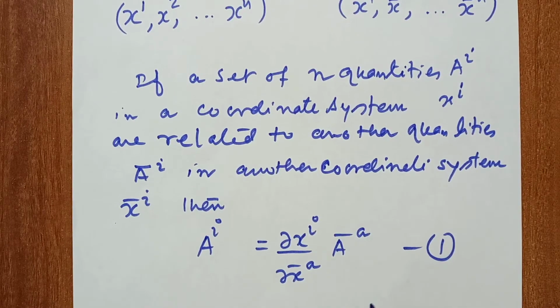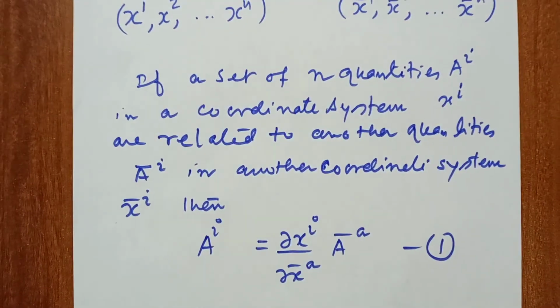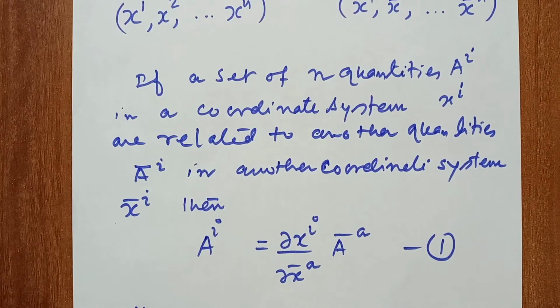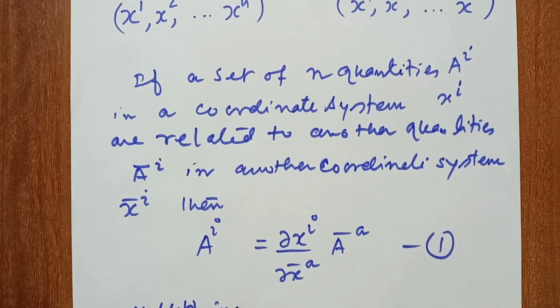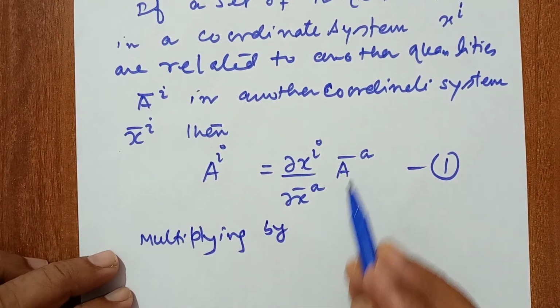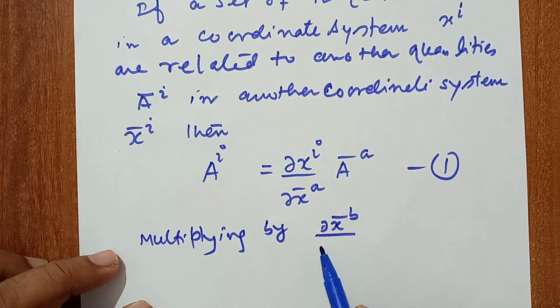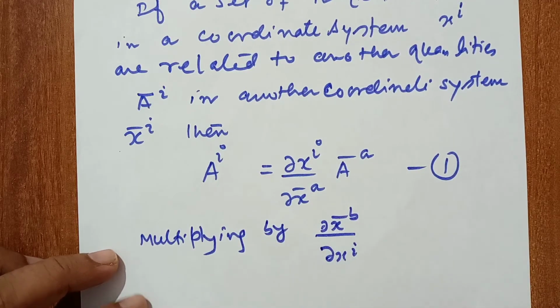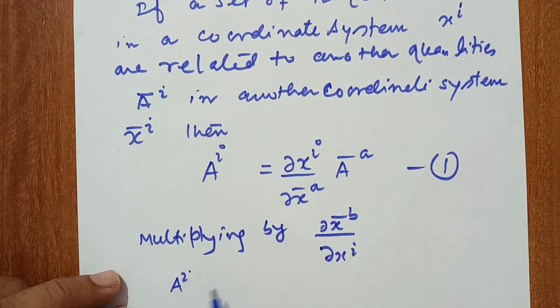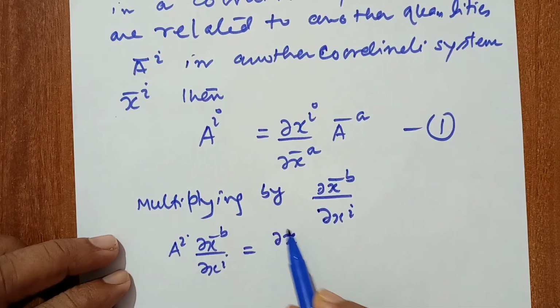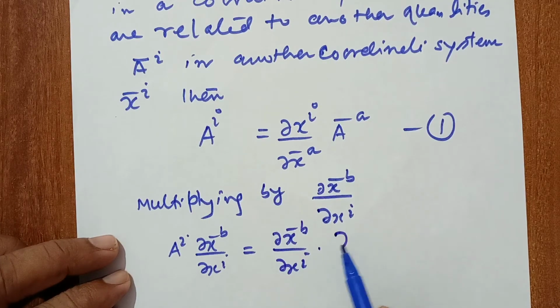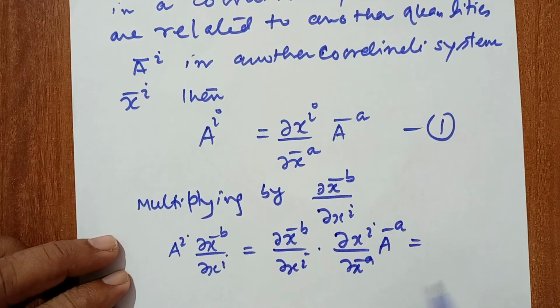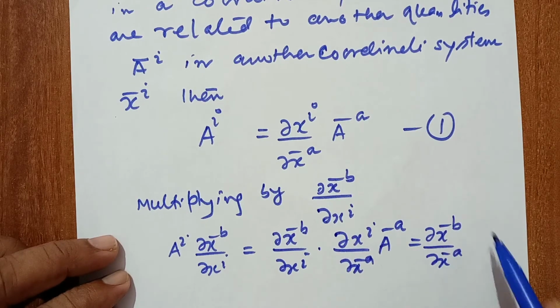If I want to transform from Vn bar to Vn, multiplying by ∂x̄ᵇ upon ∂xⁱ on both sides, we get aⁱ ∂x̄ᵇ upon ∂xⁱ equal to ∂x̄ᵇ upon ∂xⁱ into ∂xⁱ upon ∂x̄ᵃ āᵃ. So ∂xⁱ cancels, giving ∂x̄ᵇ upon ∂x̄ᵃ.